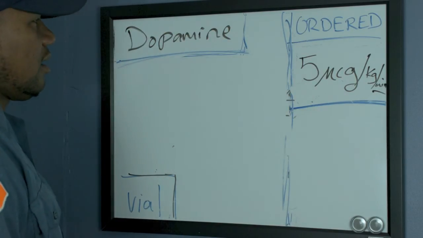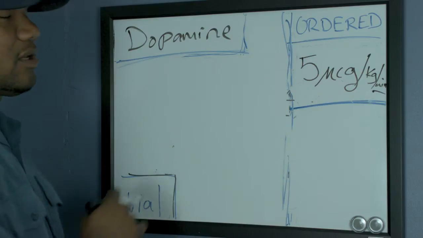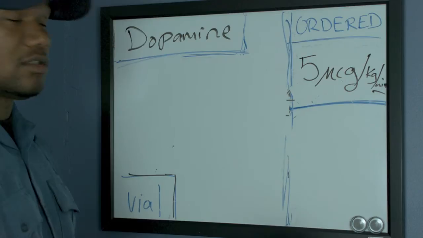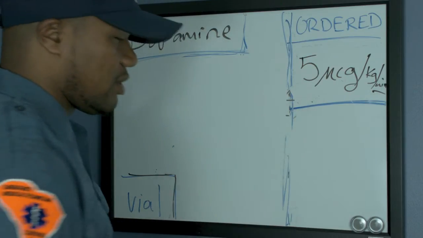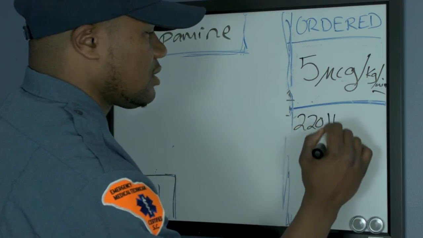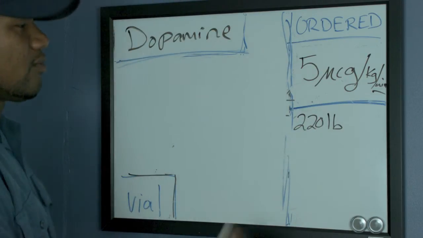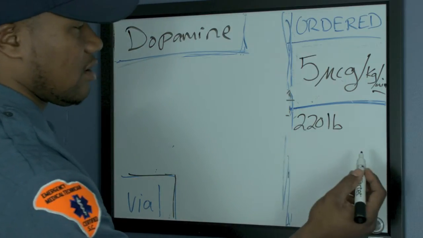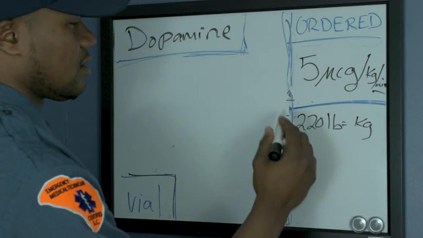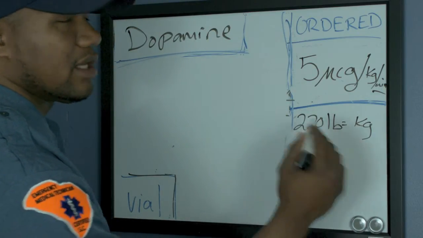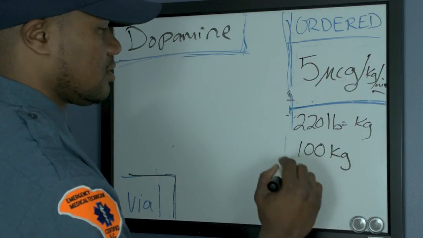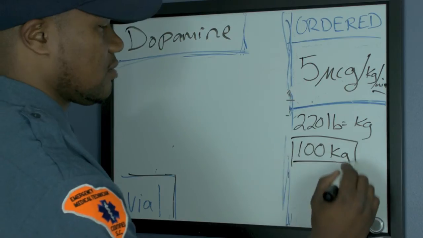Alright? And in order to administer dopamine, dopamine is weight based. So you have to know what the person's weight is. Let's say this person, just for easy math, weighs 220 pounds. Okay? When you convert 220 pounds over into kilograms, you're either going to divide by 2.2, which will give you 100 kilograms, right?